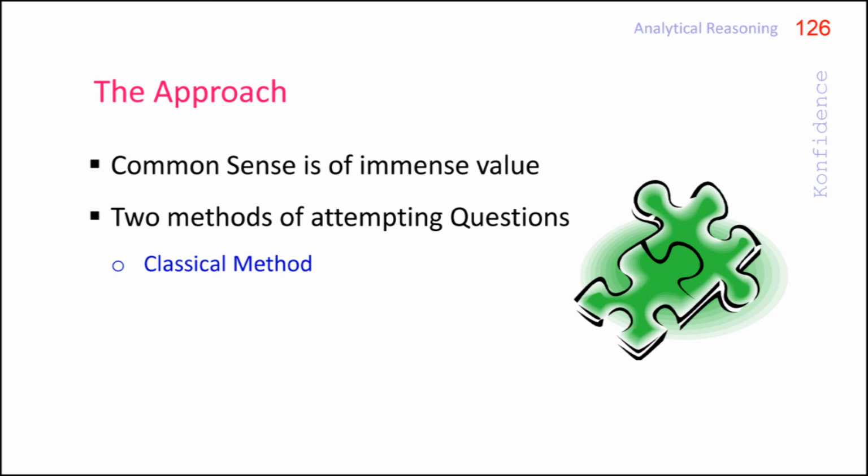One is the classical method. This is to be used only when you are absolutely free of stress and tension. Otherwise, there is a chance that you will make mistakes. The second method is trial and error. Here, make sure that the answer that you arrive at is correct by looking at the initial conditions or data given. Please remember that you should check all initial conditions and not only selectively look at the initial conditions.